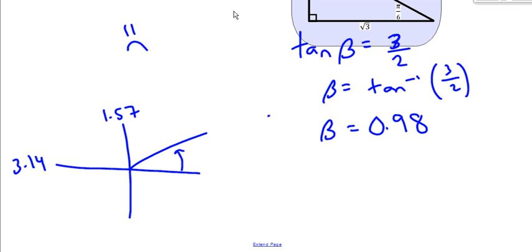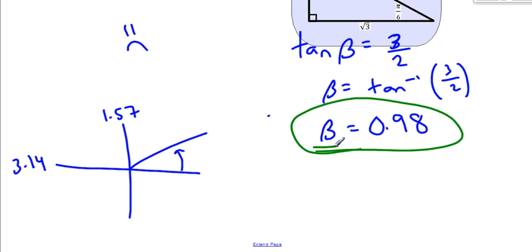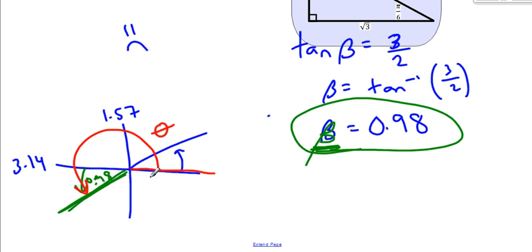My calculator doesn't know that. Aha, that's why we can't just say, hey, calculator, no thinking. We have to remember that this is just the related acute angle. We are in this quadrant. All we did was calculate this. It's 0.98. What we actually want to answer is the principal angle, which starts here.